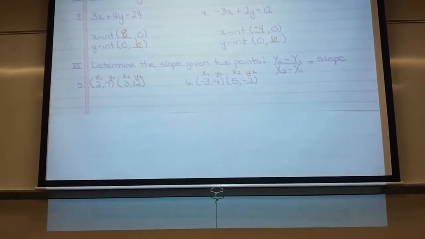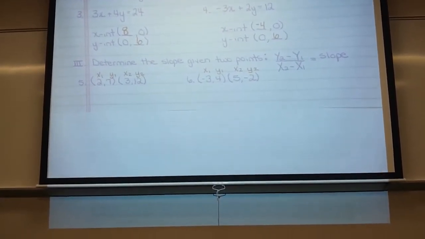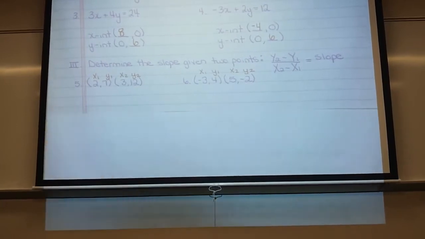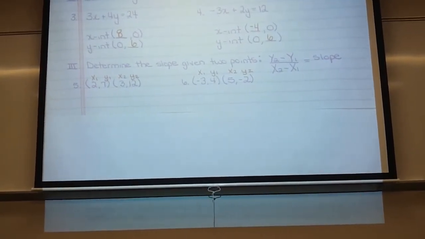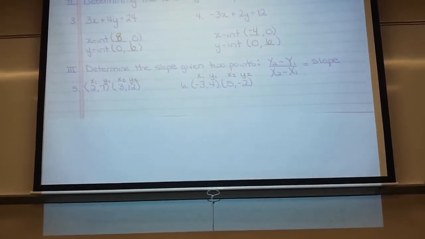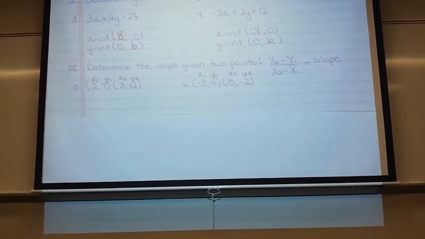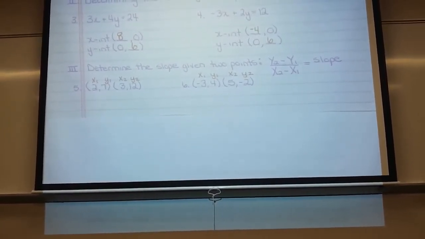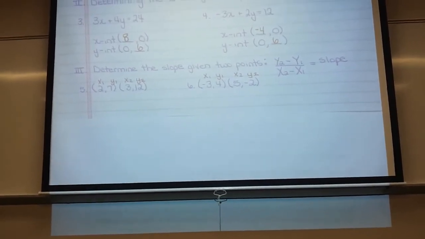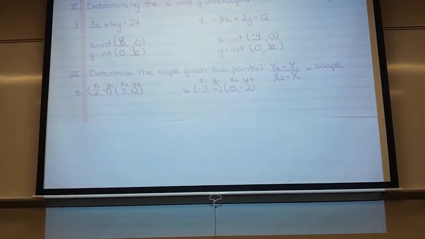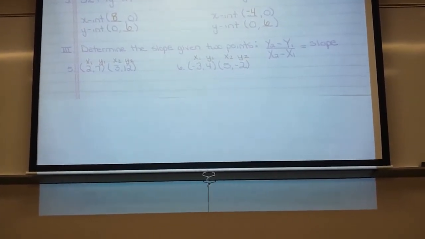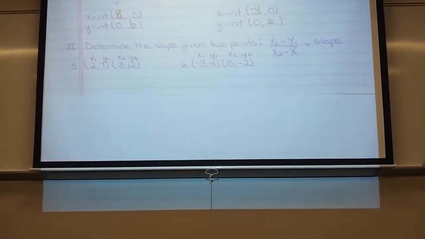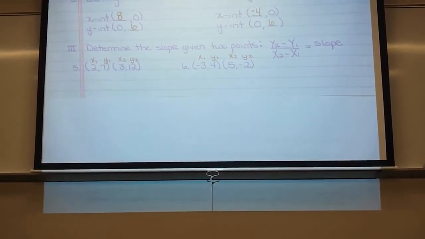And you'll have the numbers, you just have to plug in and mark them if you need. It might be a fraction answer. Remember, that's okay. Slopes we really actually want as a fraction, so it's not a big deal.